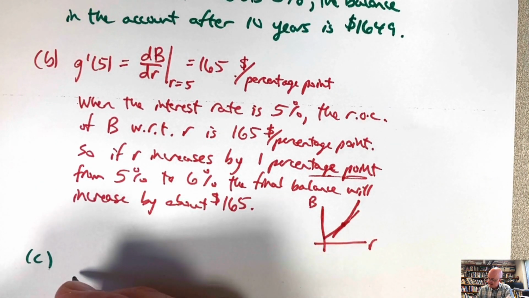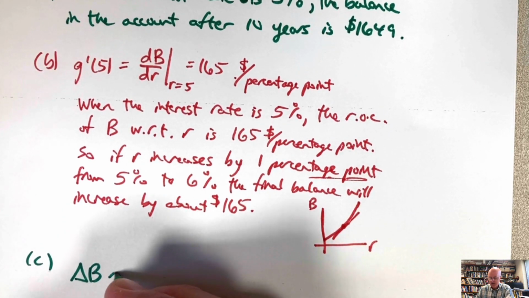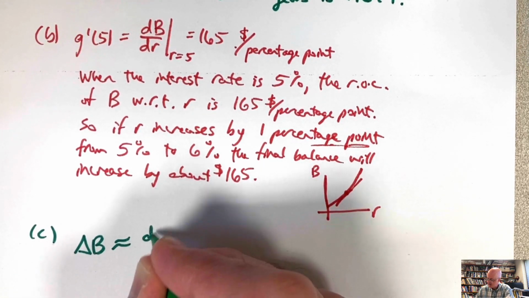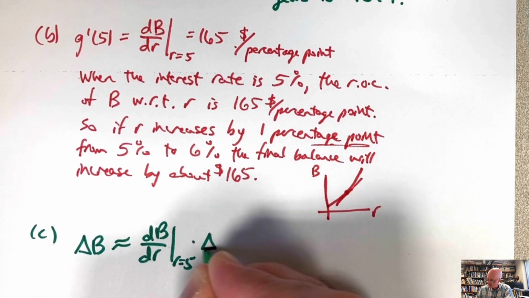So g of 6, let's think about it in terms of change. The change in the balance is approximated by the rate of change, dB/dr when r is 5, times the change in r.